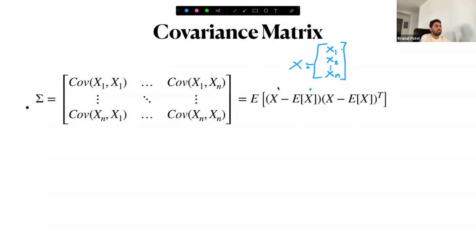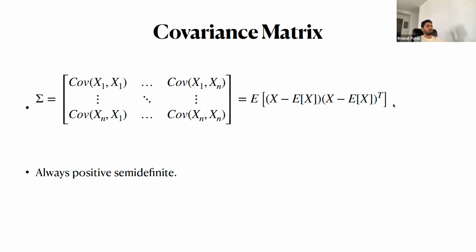In that case, you can write it in this formula: the expectation of (x minus E x) times (x minus E x) transpose. It's exactly the same as what we saw in the previous slide, except there was a mistake in that slide. So this is the correct formula. Okay, so that's the covariance matrix. For the covariance matrix, we have some important properties: it is always positive semi-definite, and it is always symmetric. As of now we'll not talk much about this, but these are useful properties.